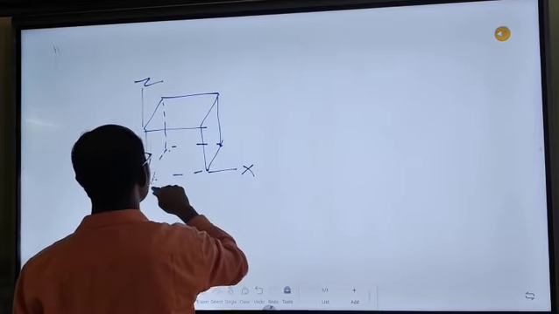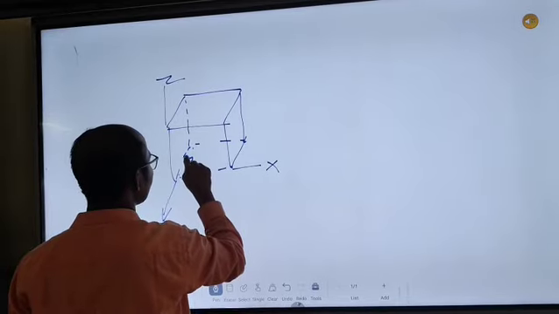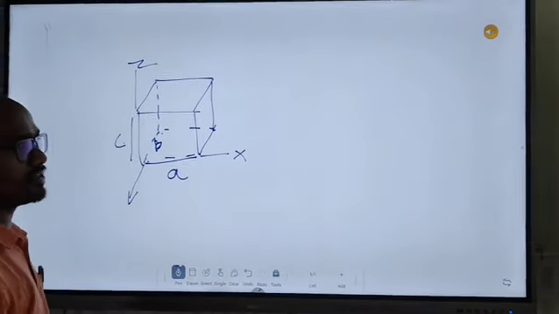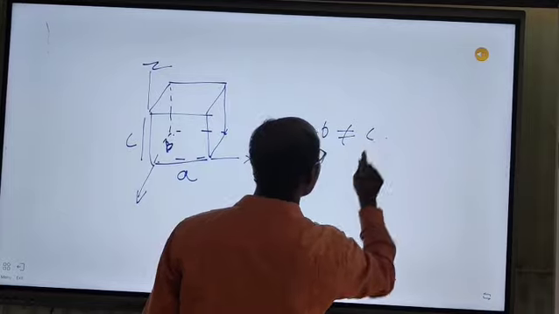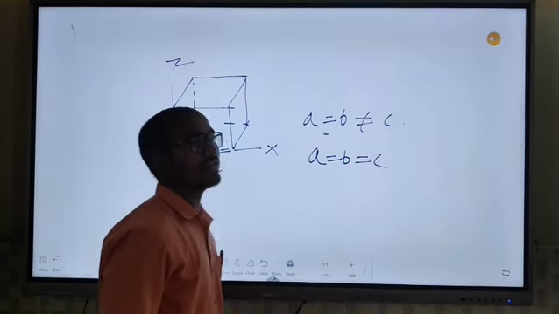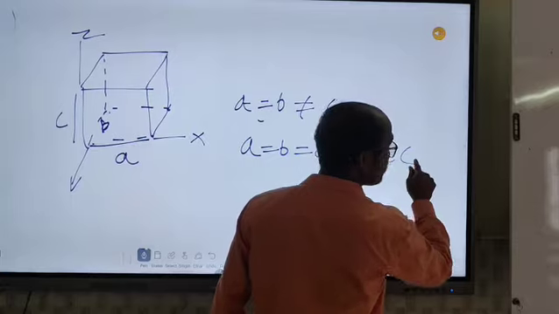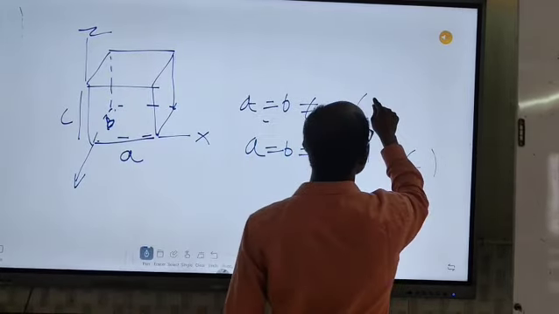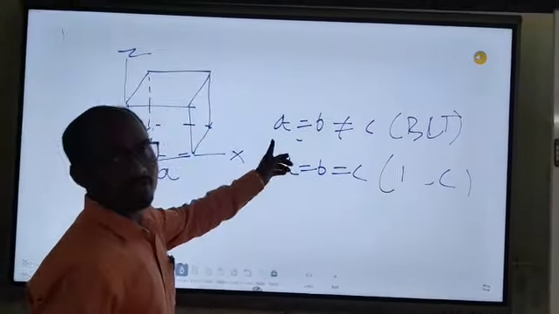This is B, this is A, and this is C. So for tetragonality in Martensite, A is equal to B but not equal to C. When A is equal to B equal to C, the structure is BCC, body centered cubic. When A is equal to B but not equal to C, it is known as BCT, body centered tetragonal.